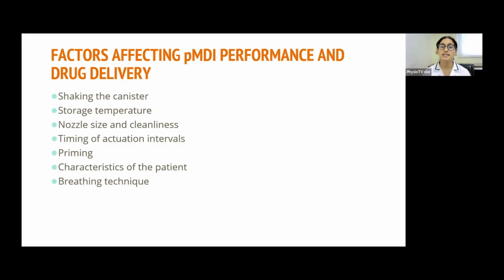Next is characteristics of the patient. As we have already discussed, the patient needs to have a good understanding of breath and hand coordination, the right positioning of the metered dose inhaler, and when exactly it is to be taken. Along with that, it is important for them to know which breathing technique is the most suitable for them.